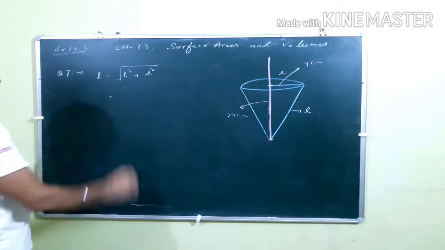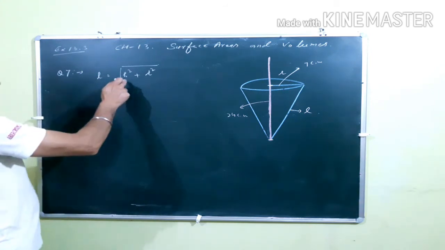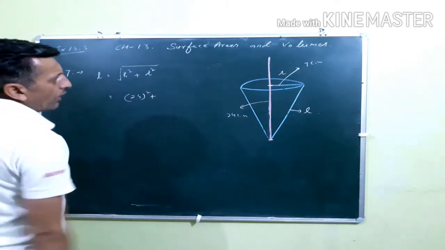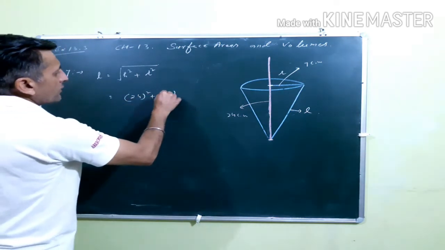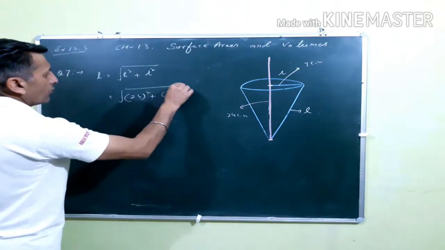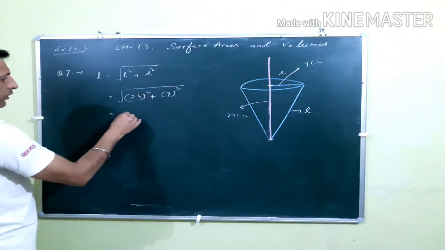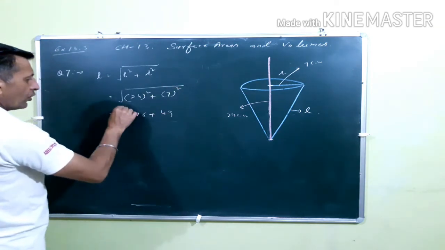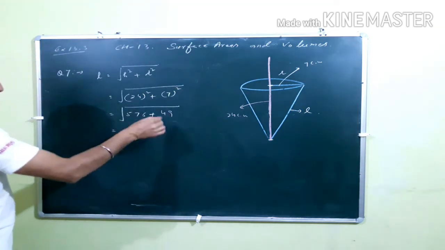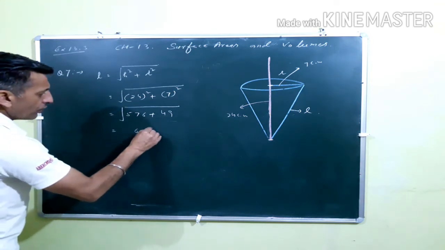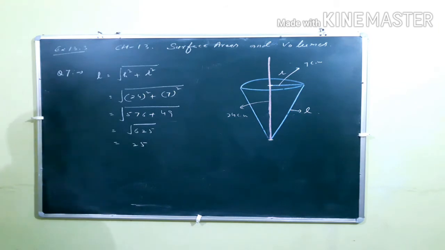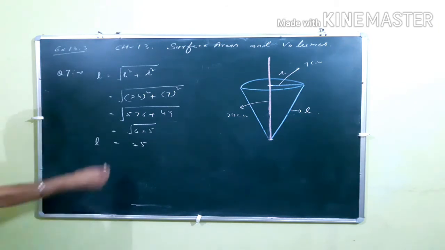So L is equal to the square root of 24 square plus 7 square, which is the square root of 576 plus 49, that is the square root of 625, and you know 25 square gives 625. So L is equal to 25.